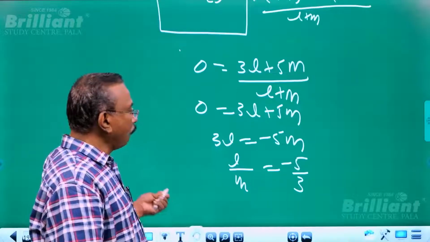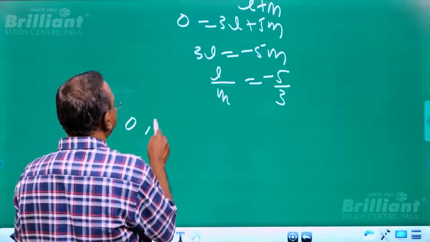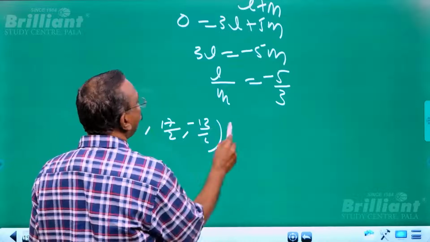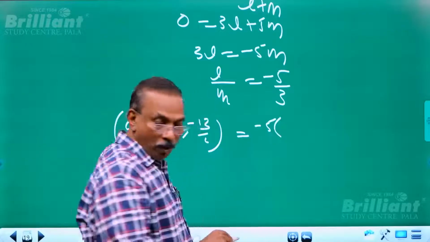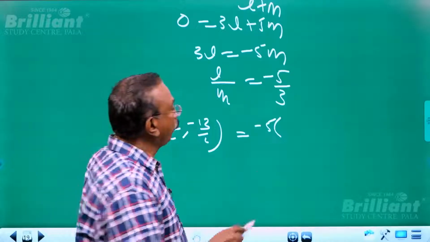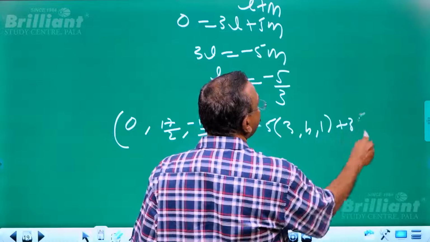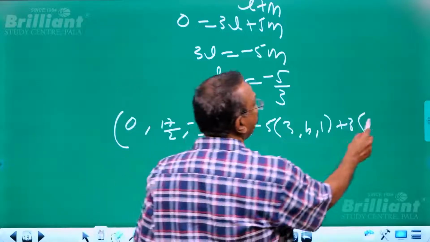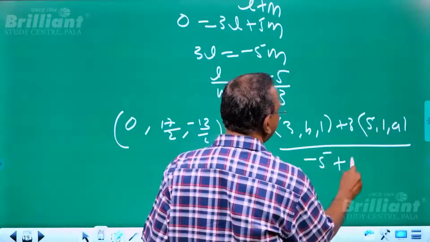So, you can keep the form as (0, 17/2, -13/2) is equal to L is minus 5, that is equal to minus 5 times Q. What is Q? Again (3, B, 1) plus 3 into the next (5, 1, A) divided by minus 5 plus 3.